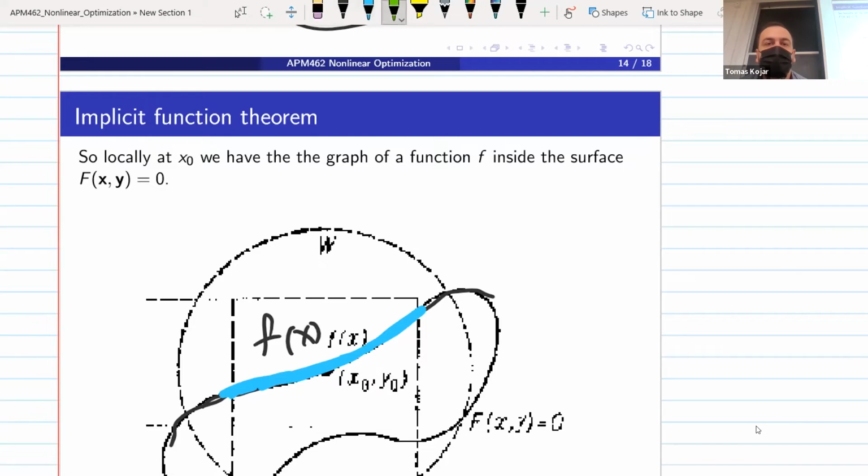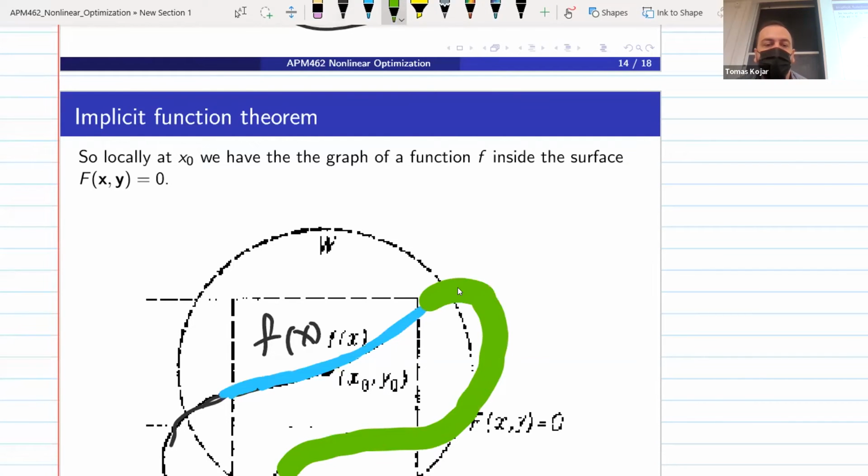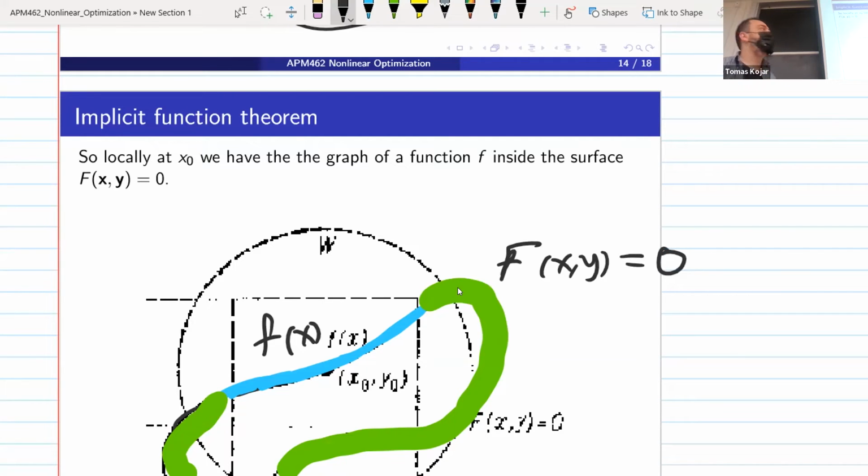And the rest is your surface, and it says that at least locally you can find an f of x, so that it is still 0 because it's inside the level set.